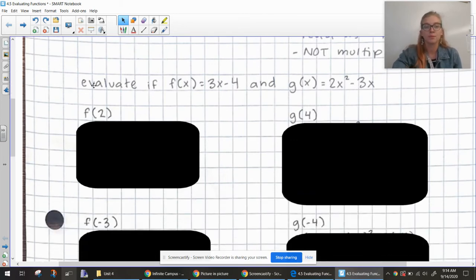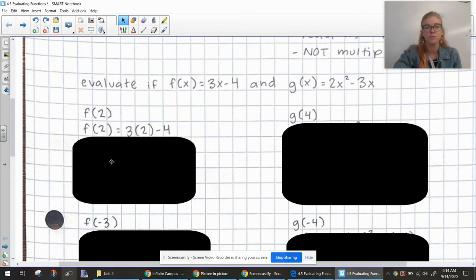So here is our prompt. Evaluate if f of x equals 3x minus 4 and g of x equals 2x squared minus 3x. So we're going to start with f of 2. The way we evaluate this is we are going to take what our equation is for x, so f of x equals 3x minus 4, and we're going to substitute in 2 because f of 2 tells me that I replace x with 2. So f of 2 equals 3 times 2 minus 4.